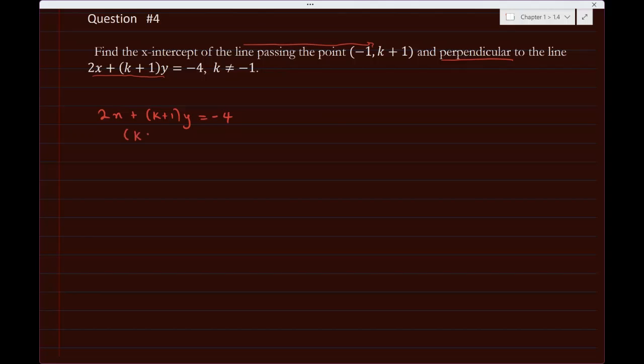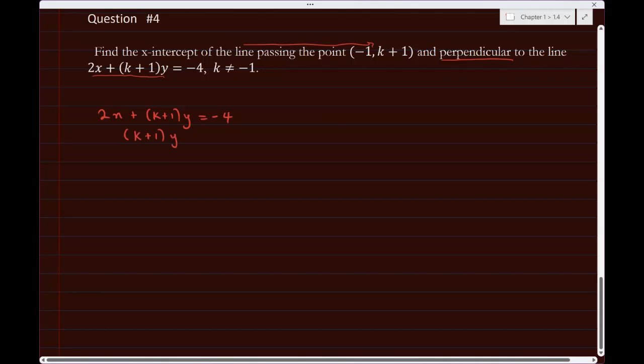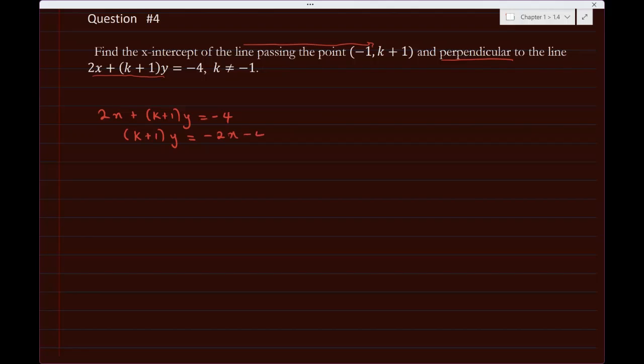We can rewrite this as (k+1)y equals -2x - 4. And we can divide, since k is not -1, so we have y equals -2 over (k+1) times x minus 4 over (k+1).